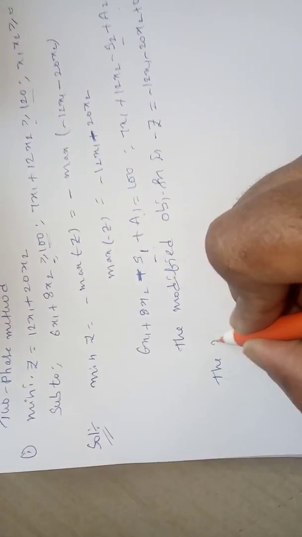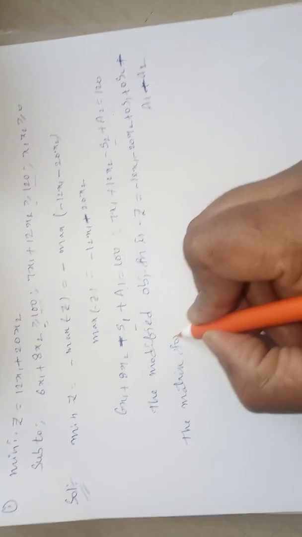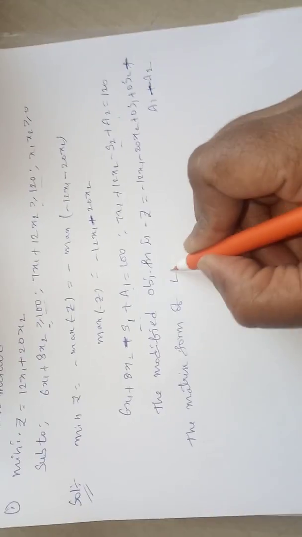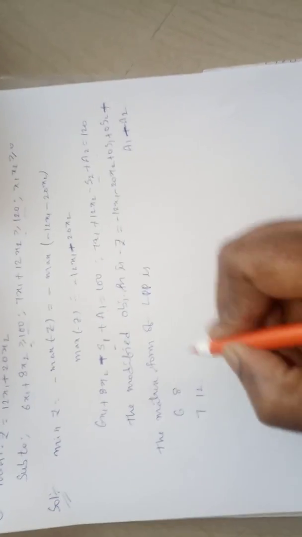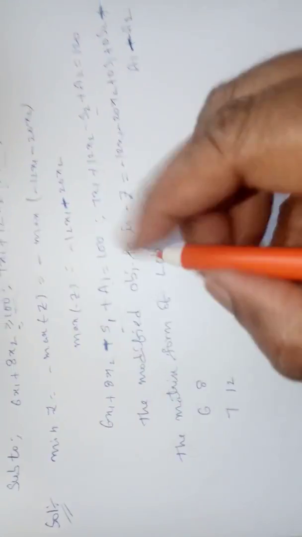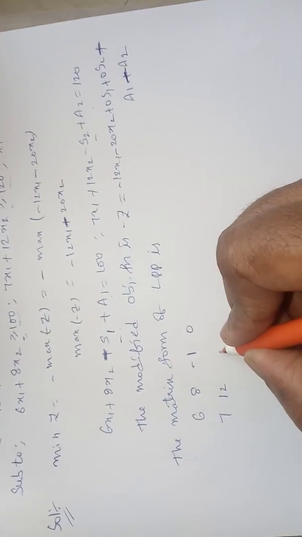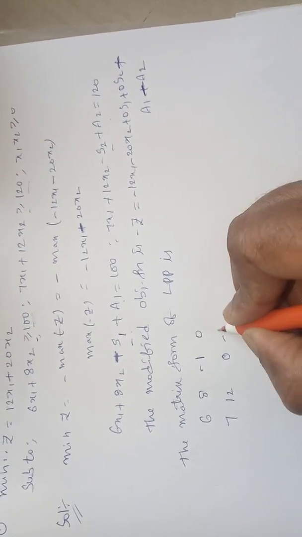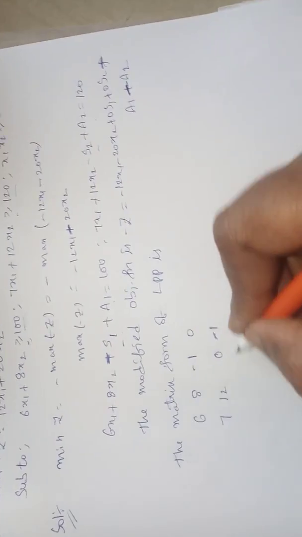Then the matrix form of the LPP is 6, 8, 7, 12. Here s1 is available, so write minus 1, and s2 0. From the second equation, s1 is unavailable, so s2 is available, but it is not an IBFS.